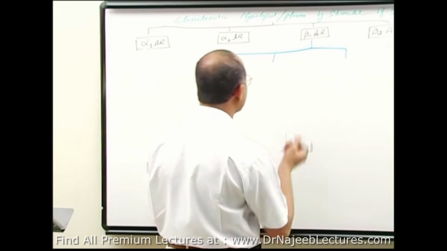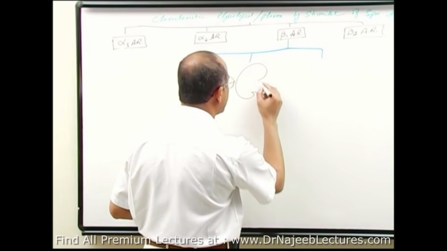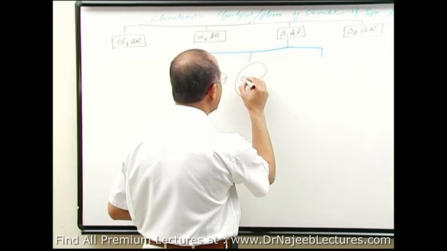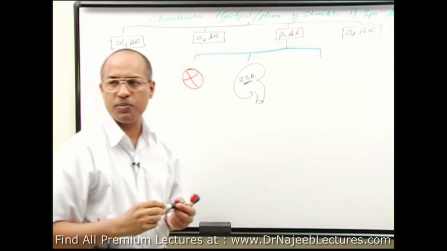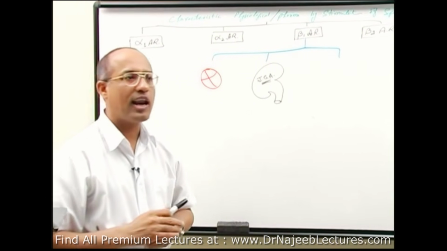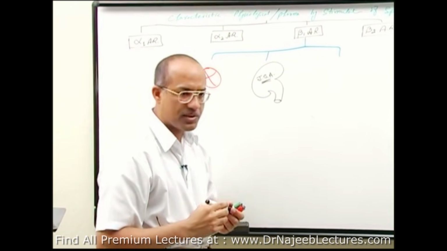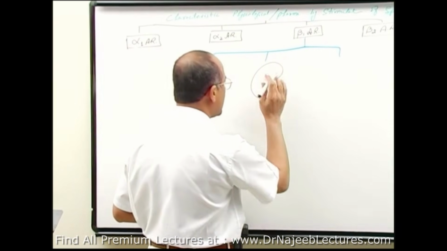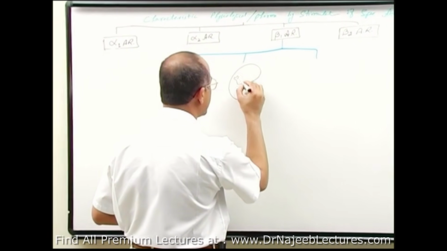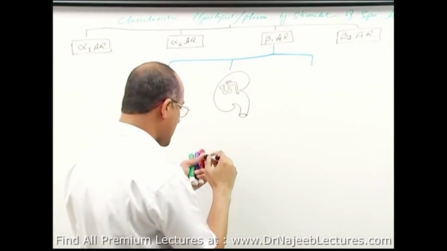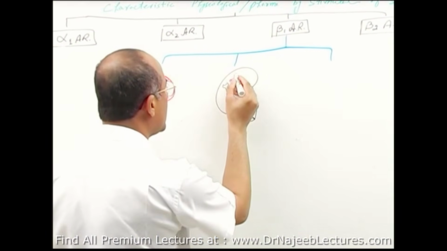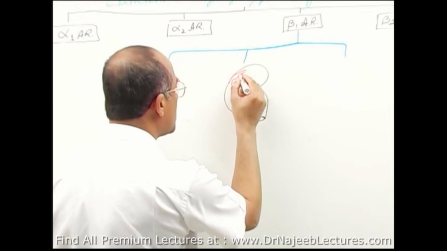If you remember the previous lecture, there was the juxtaglomerular apparatus in the kidney, and the juxtaglomerular apparatus also has a lot of beta 1 receptors. You must be remembering that juxtaglomerular apparatus, right? This is macula densa. Here are your afferent and efferent arterioles, right?